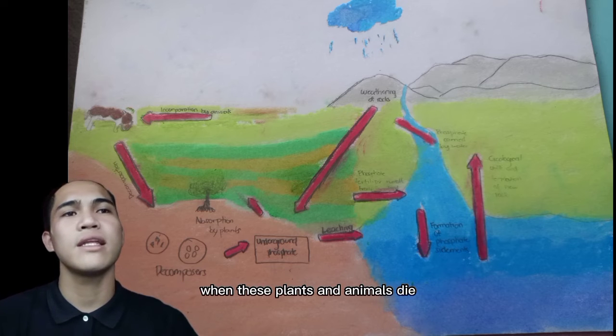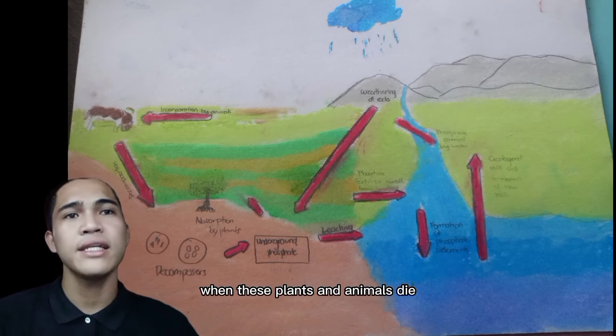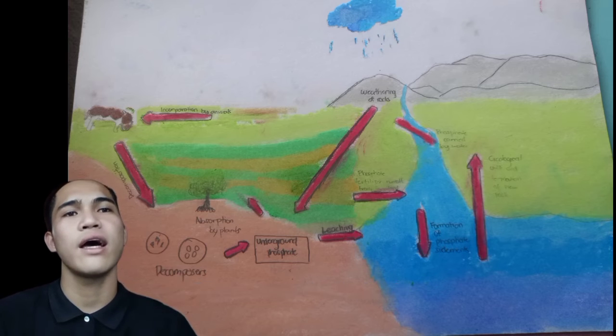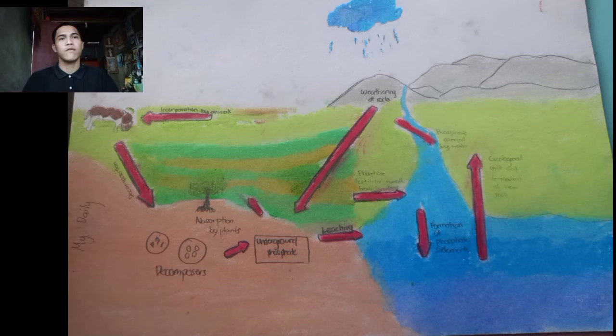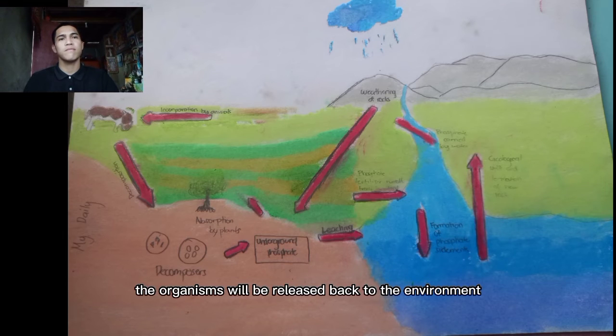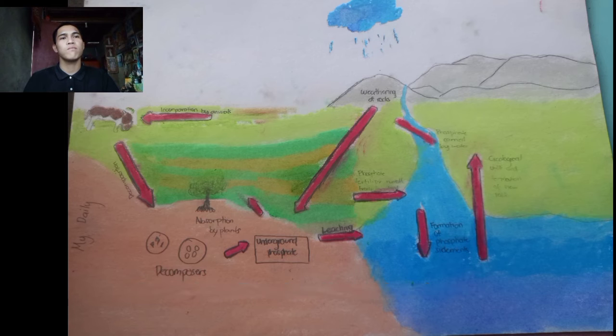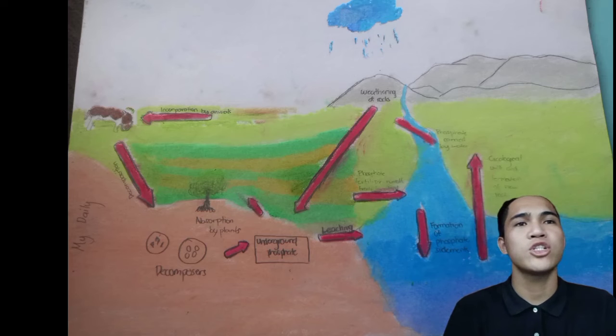When these plants and animals die, they are decomposed and broken down, and the phosphate in these dead organisms will be released back to the environment, adding to the phosphate reserve on land. This phosphate reserve can leach toward a body of water.